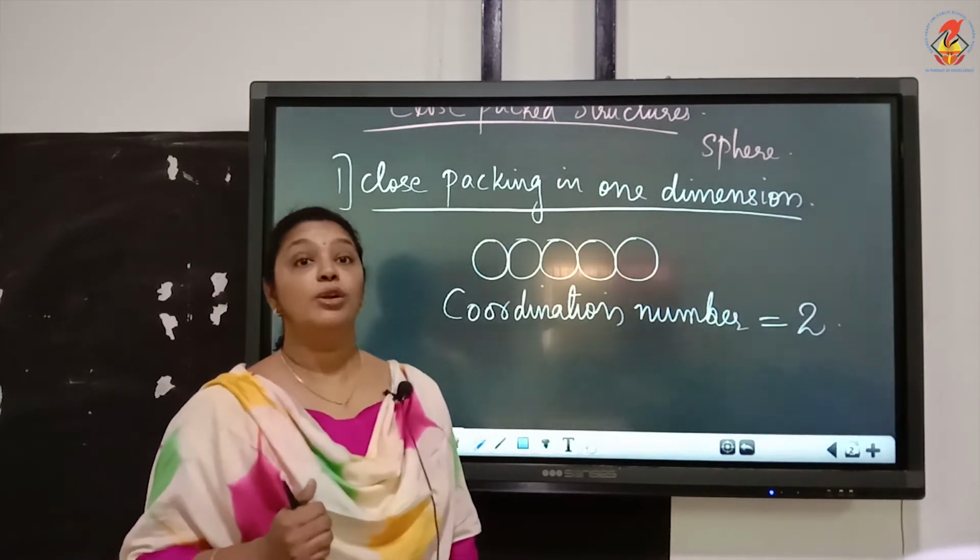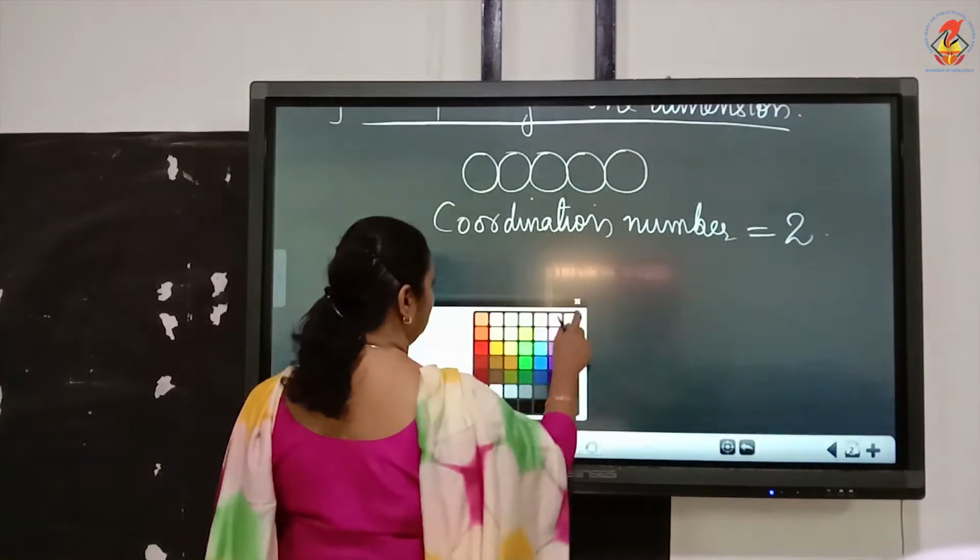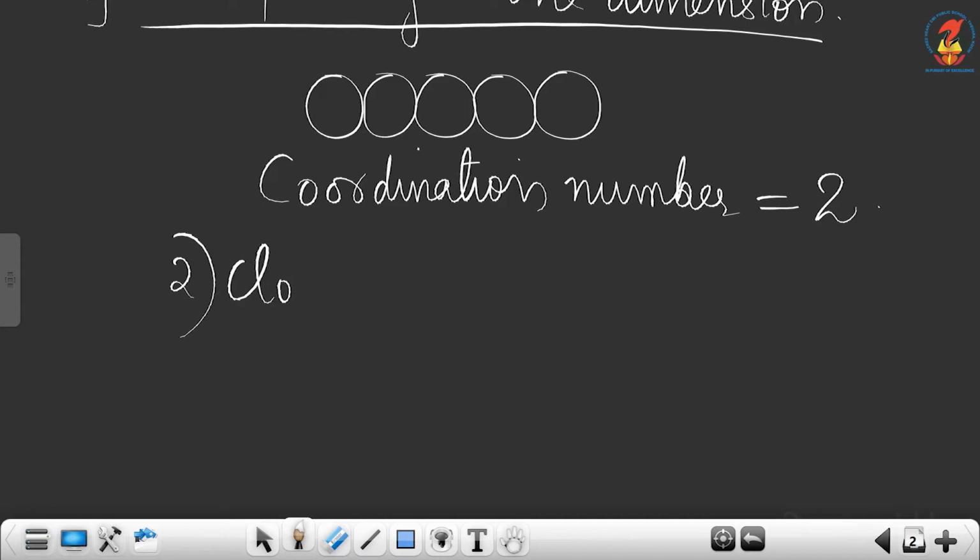Now, let us see close packing in 2 dimension. So, the second type of close packing is close packing in 2 dimension.